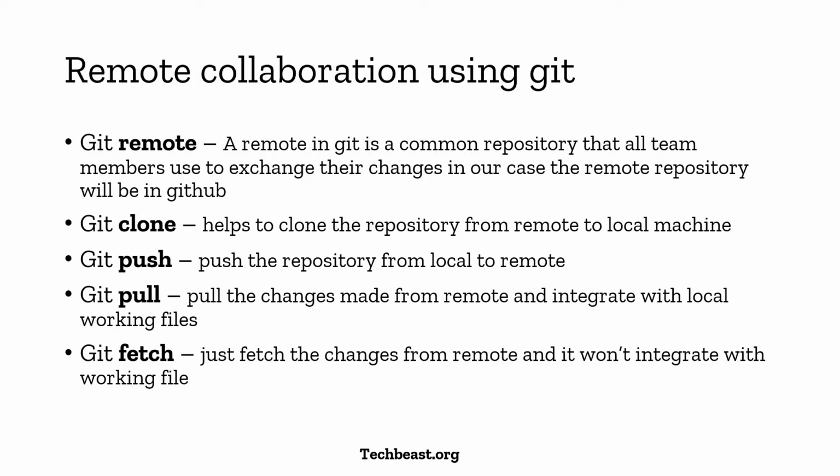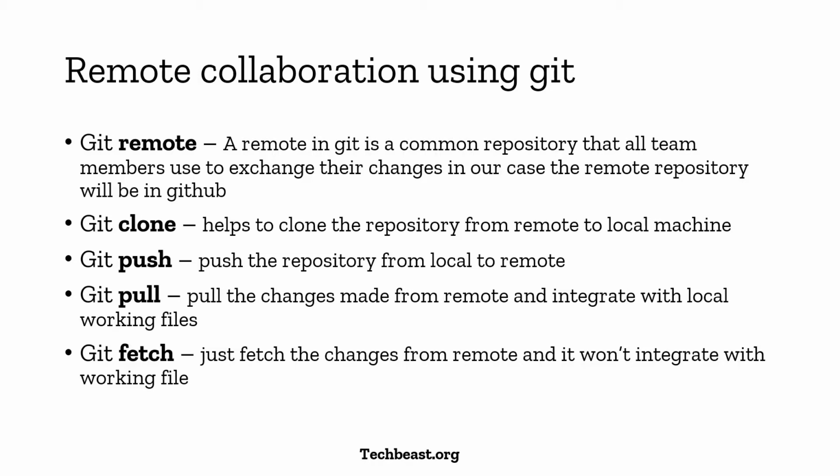With git pull and fetch, you need to understand what the difference is. Git pull will completely download all the changes made on the remote and integrate the changes with your local working files. Then git fetch will just download, but it won't integrate with your working files.